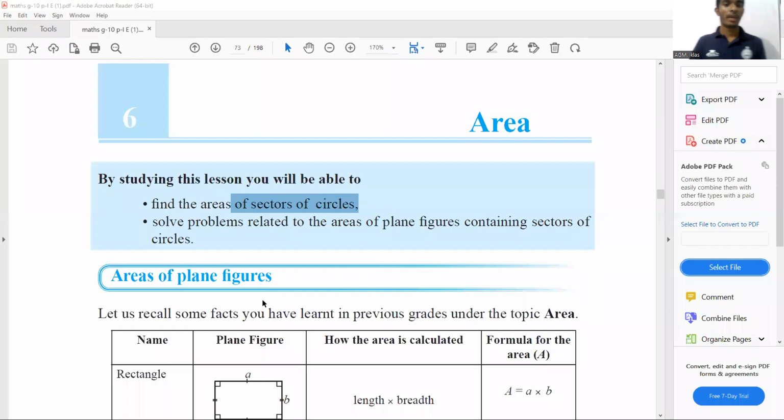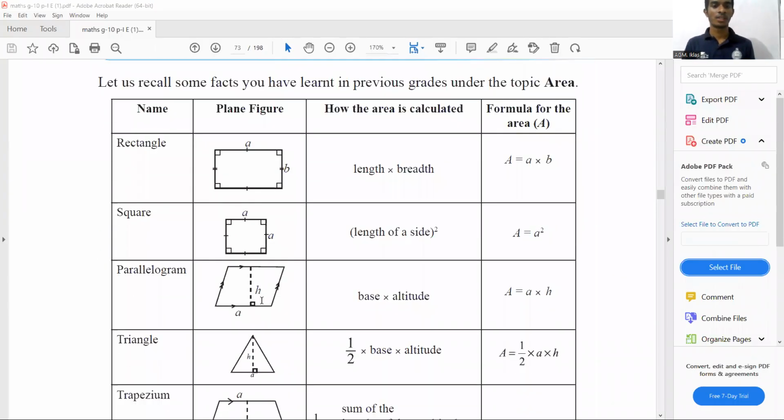Right. Now, areas of plane figures. This is what we have studied in our previous classes. When I taught you perimeter, we looked at the perimeters of these kinds of plane figures. Here they have given some shapes and their formulas for finding the area.